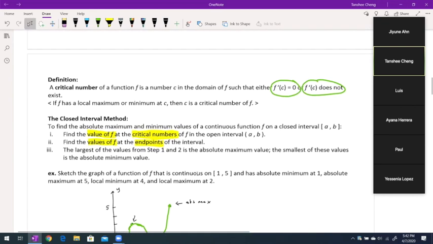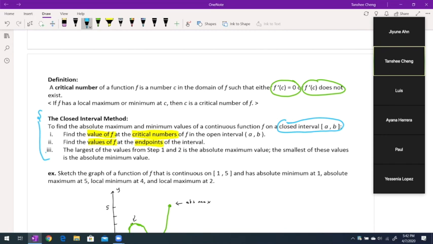The closed interval method of finding the extreme values. You can find the absolute maximum and absolute minimum value of a continuous function on a closed interval. That's very important. And how do we find that?